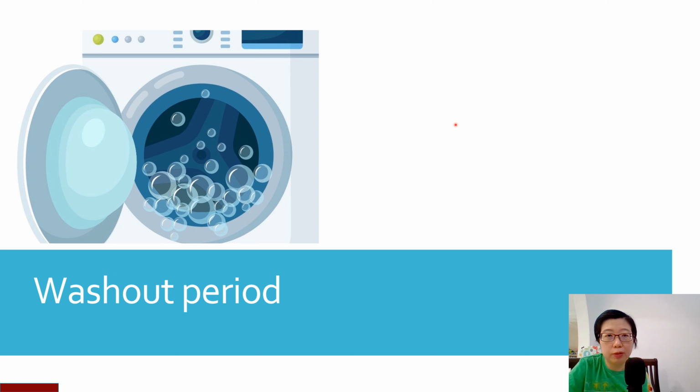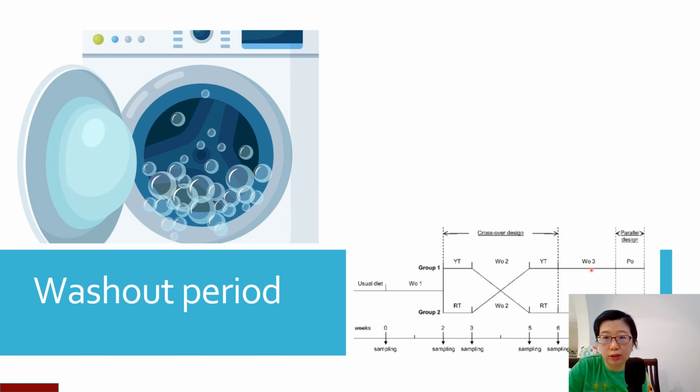About the washout period, as we all know, it's like a washing machine in a way. Our body will eliminate or excrete the drugs. When you look at the design of most BE studies, this is an example of a typical crossover study, which most drugs use, because you can use the same participants, but you give them tablet A, the original, or B, the generic tablet, during a different week.